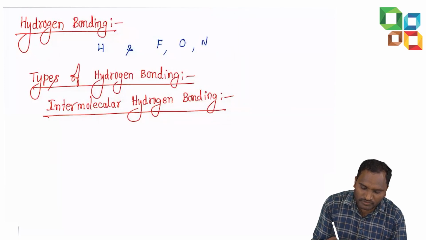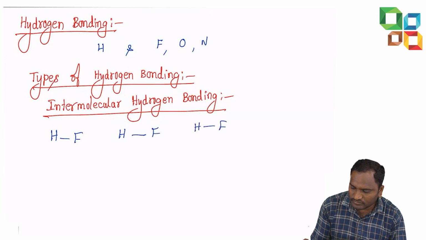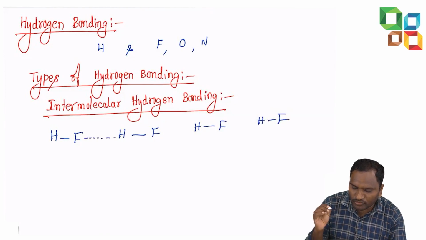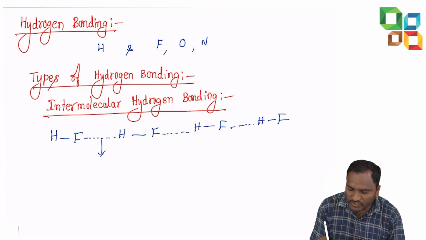Write an example. HF molecule, if you take HF, write like this. See, students, here highly electronegative element fluorine, and hydrogen. So here this hydrogen bonding is between two molecules. So it is intermolecular.